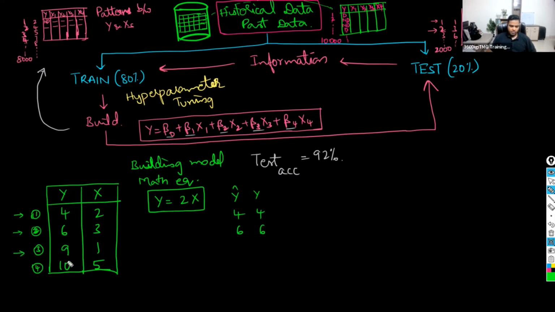Then go to the third row. When you substitute 1 in this, you get the predicted value as 2. Actual value is 9. And then you have another observation. You have 5. When you substitute this input 5, you get 10 as a predicted value. Here the actual value is 10.